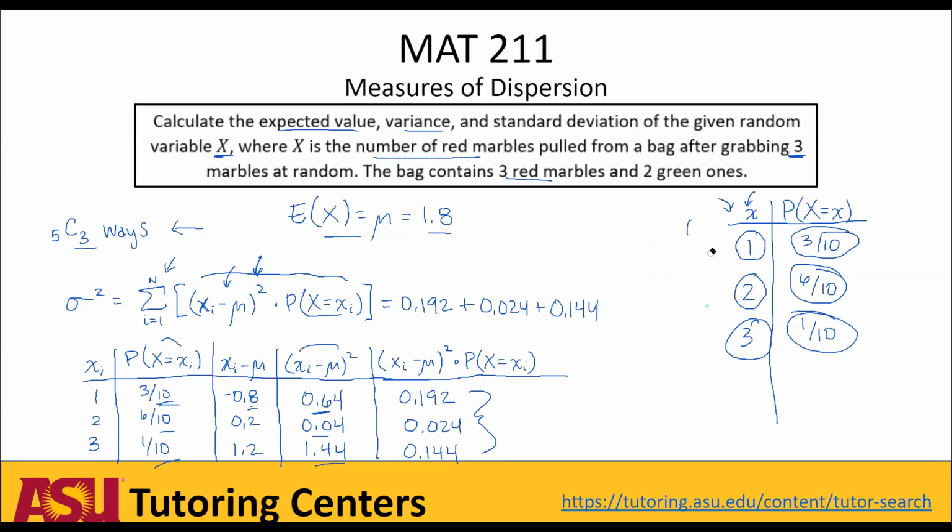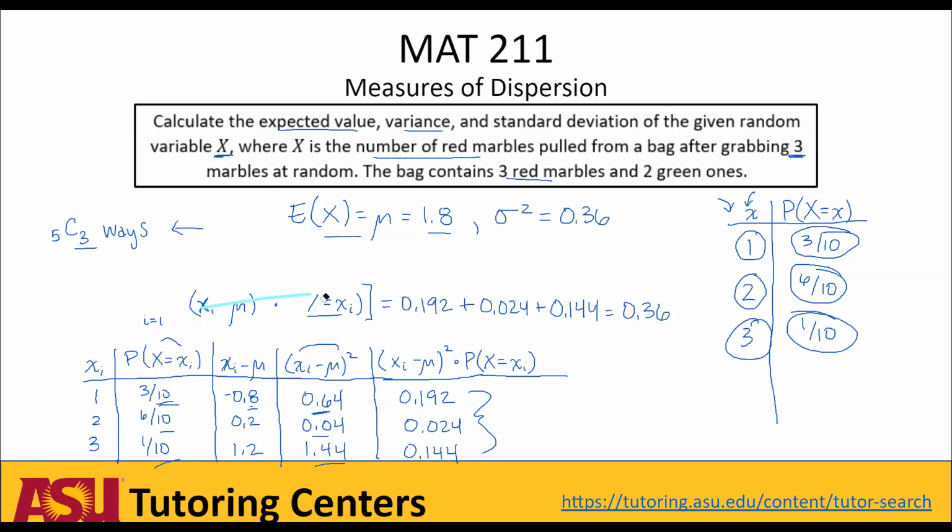And if we add those all up, we get 0.36. So that is our variance. We'll write this up here. Our sigma squared, which is our variance, is equal to 0.36.